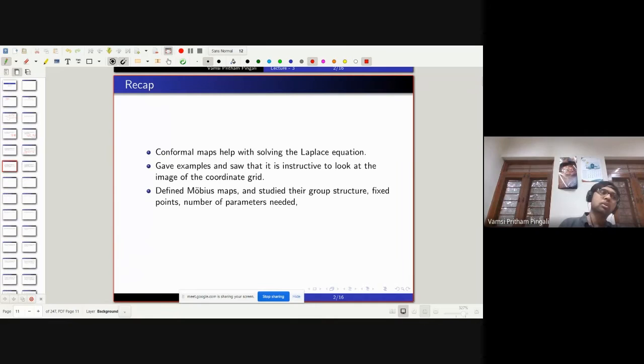We saw that you needed exactly 3 complex parameters to uniquely specify a Mobius map, not 4, as you might naively think, because at least one of these parameters is non-zero, and you can divide by that parameter and make it 1.